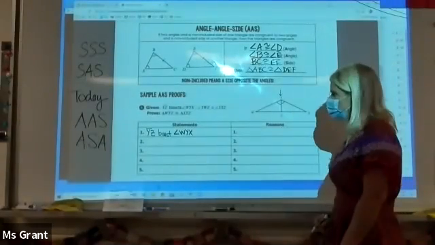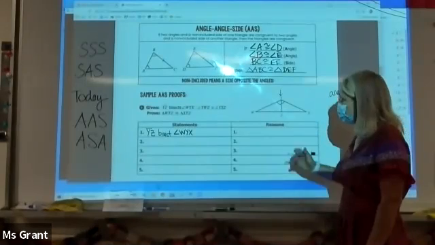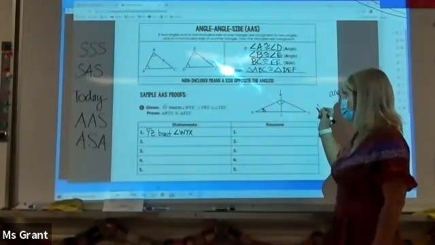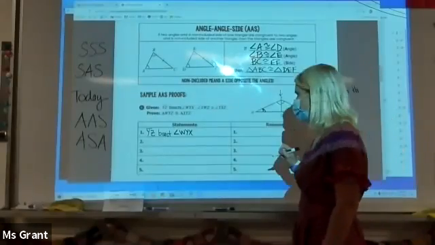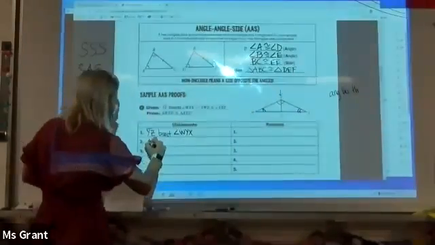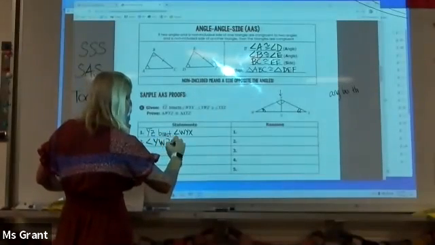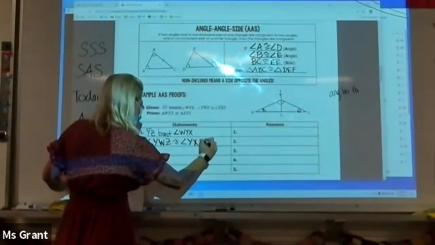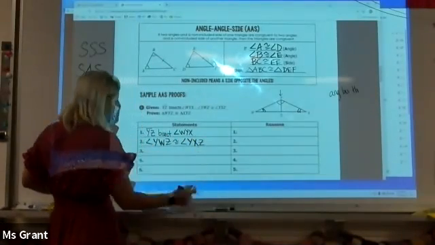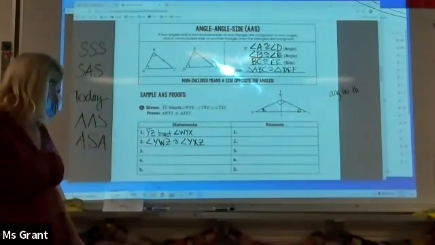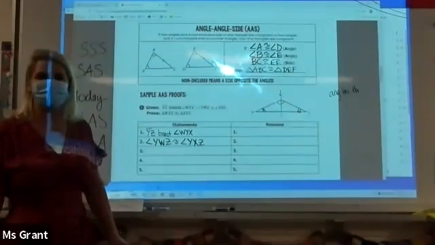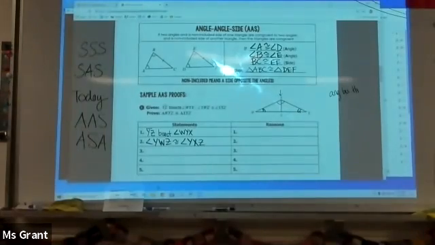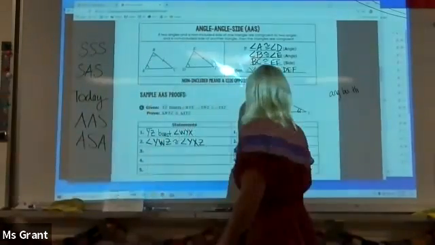Second given, angle YWZ is congruent to angle YXZ. Mark that up. Make sure your Z does not look like a 2. Both of these are given.